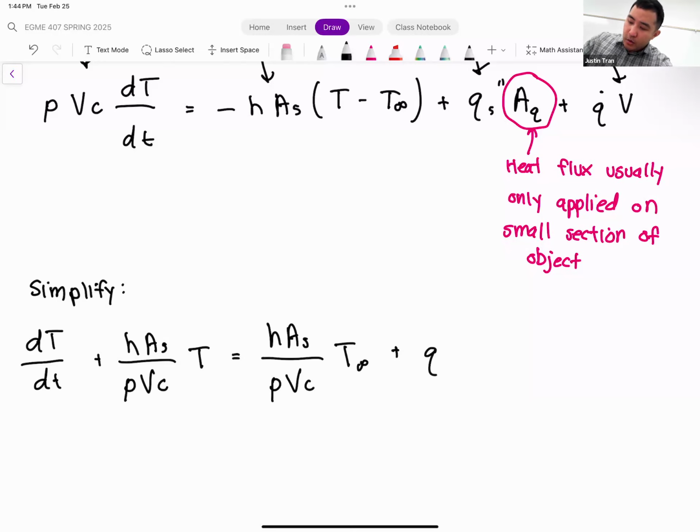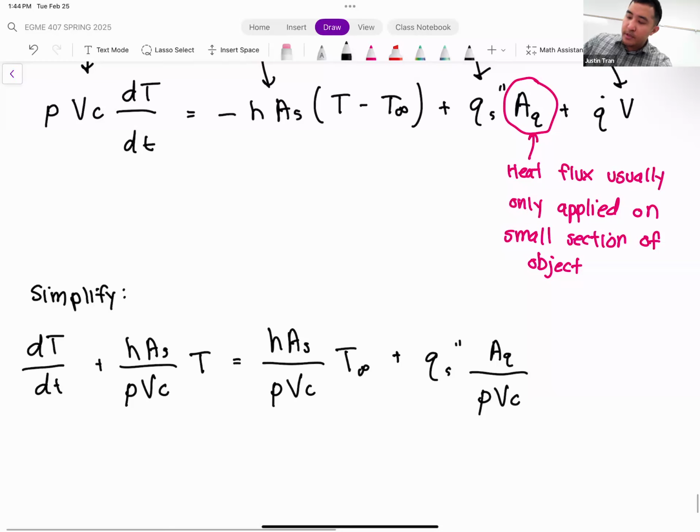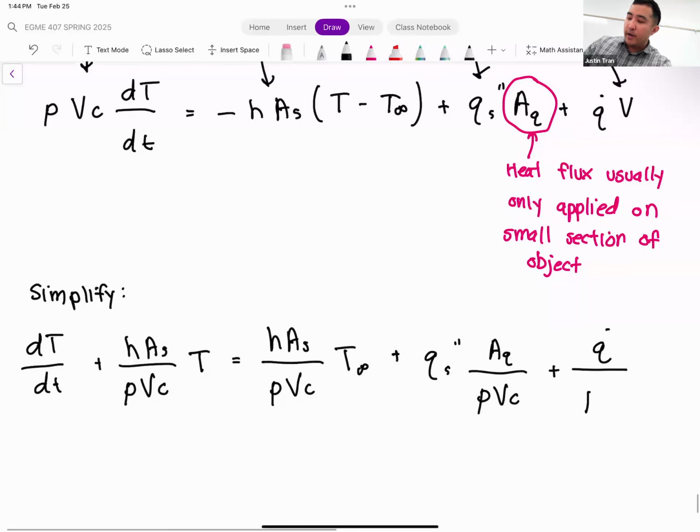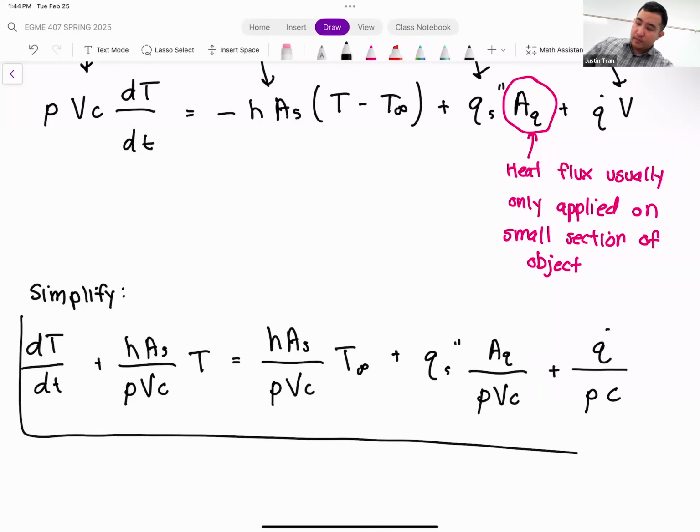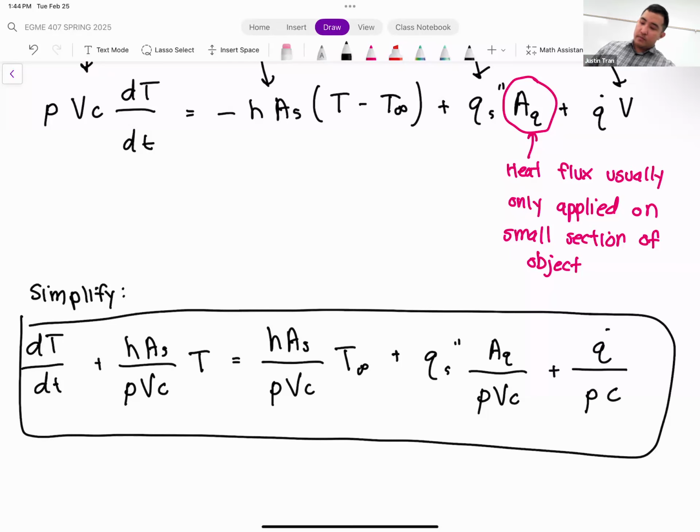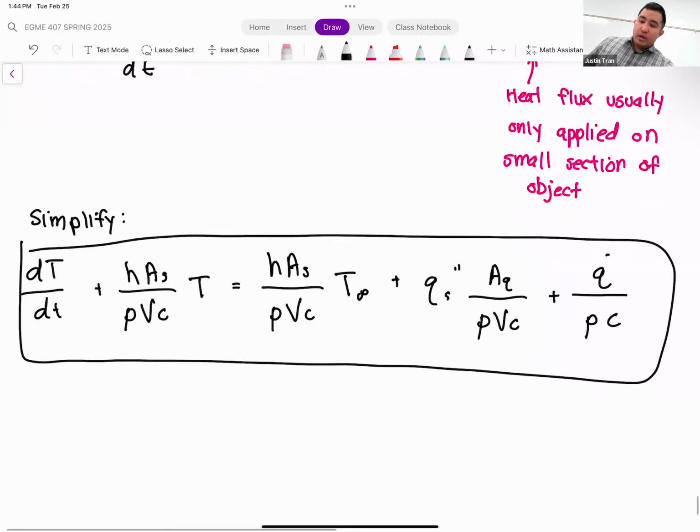Plus Qs double prime times Aq divided by rho times V times C. Plus Q dot. In this case, the volumes are going to cancel out, and so we divide by the density and the heat capacity C. Okay, and so what we have here is the general lump capacitance equation.